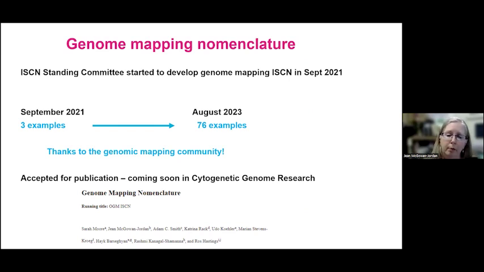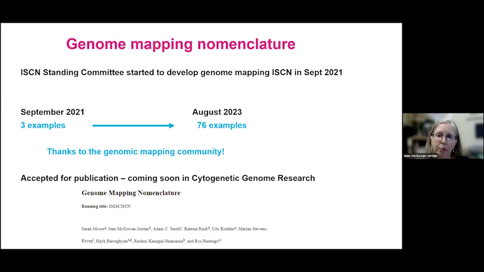The real effort started in September of 2021. At that time, we had about 3 examples. And then there was a reaching out to the OGM community. And so by the time August 2023 rolled around, we had about 76 examples of various complexity and type.